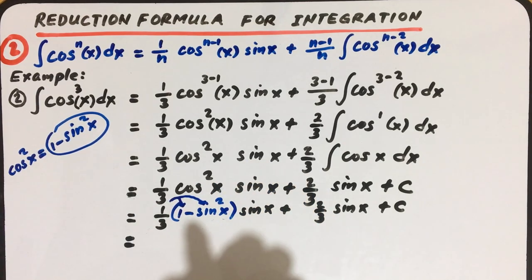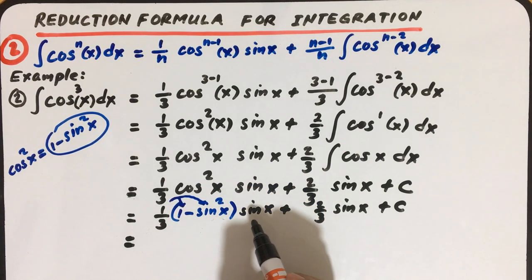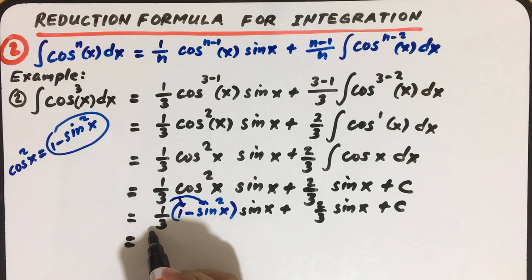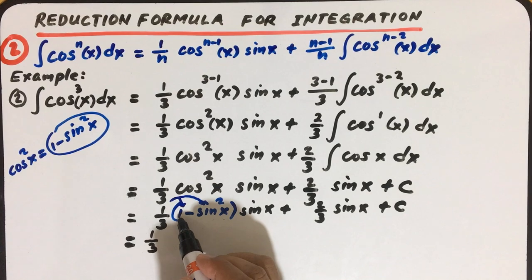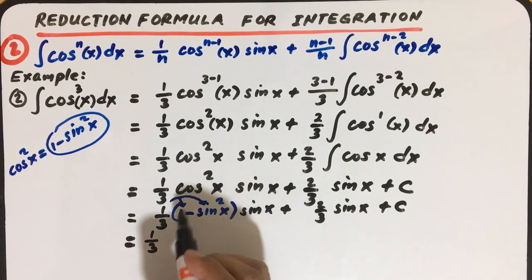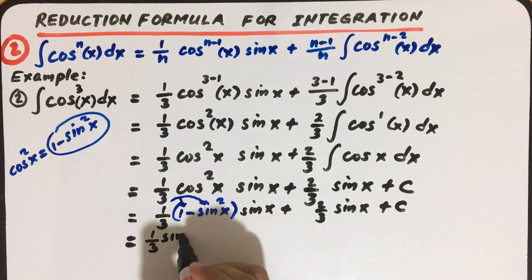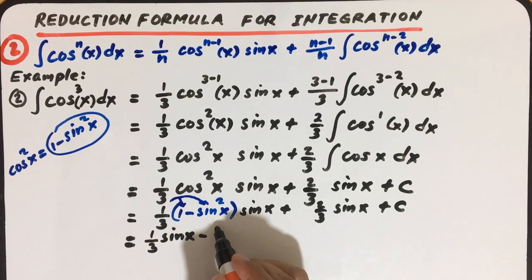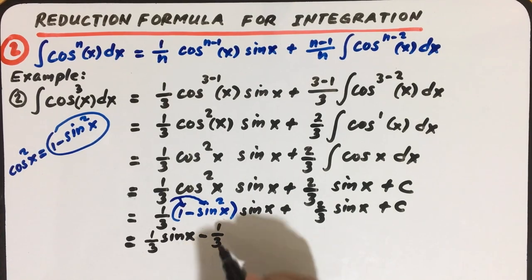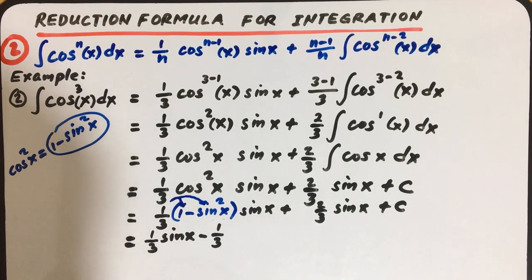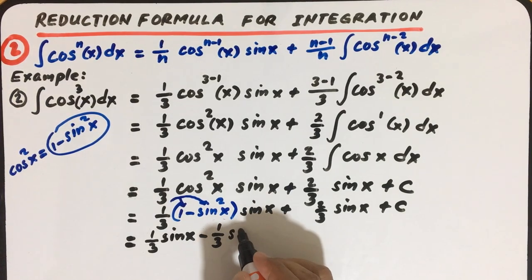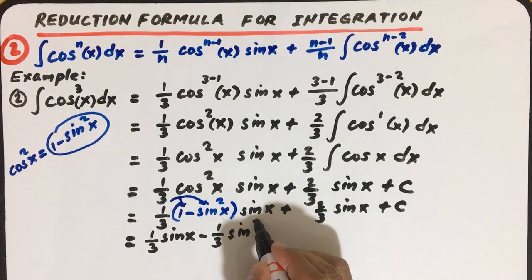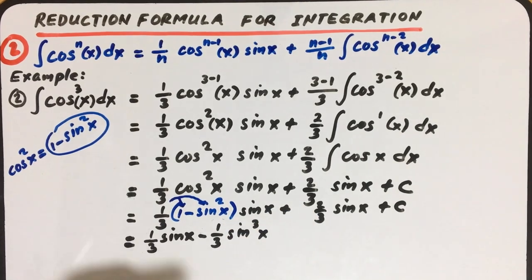So when we multiply 1/3 by 1 and then together with sine x, we have 1/3 sine x, then minus 1/3 sine cube x.